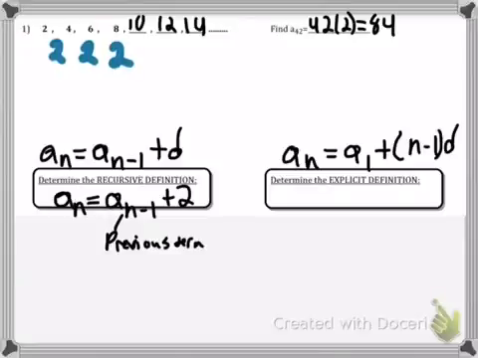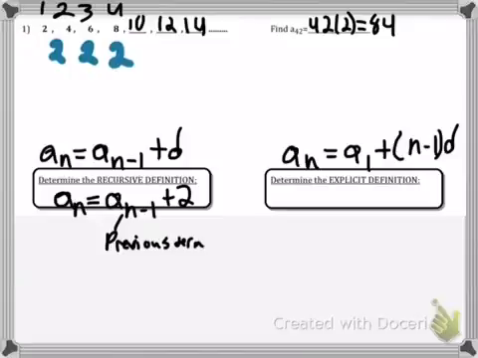Alright, we know our common difference is 2 because it increased by 2. Our first term here was 2 because our sequence goes 1, 2, 3, 4 for all our x values here. So our first term is 2.